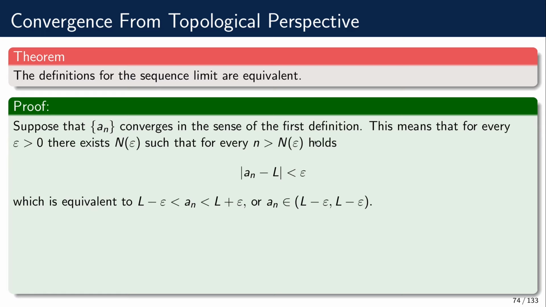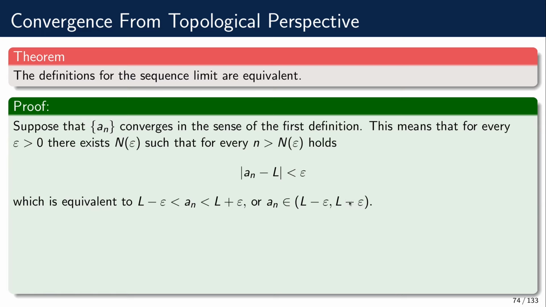So this means that for every positive epsilon, there exists N of epsilon such that for every n greater than N of epsilon, |an minus L| is smaller than epsilon. This is the original definition. But this inequality is equivalent to saying that an is between L minus epsilon and L plus epsilon, which is equivalent to saying that an lies in this interval.